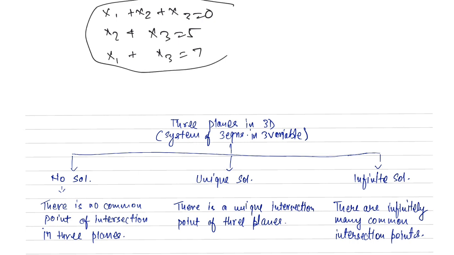In this situation, we are getting a system of three linear equations, which are the equations of three planes. If we solve these three equations using an augmented matrix, there are three possible cases: no solution, a unique solution, or infinitely many solutions.